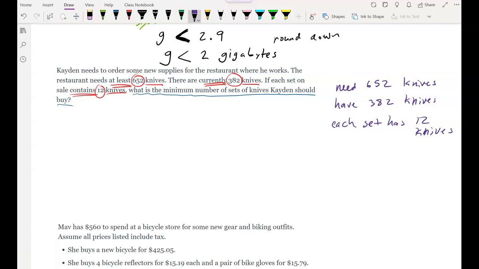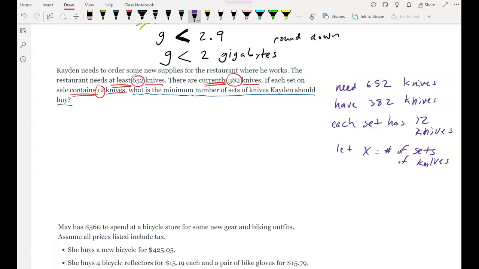And we have to come up with a variable to represent, to answer the question, the minimum number of sets. So I'm just going to let X represent the number of sets, because that's what we're looking for. The number of sets of knives.